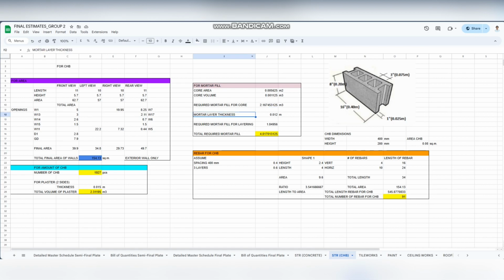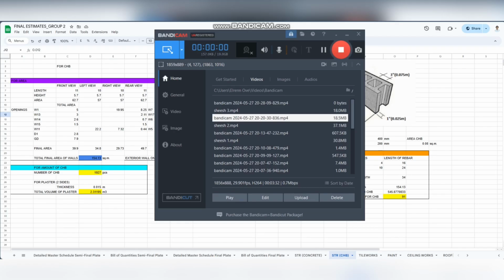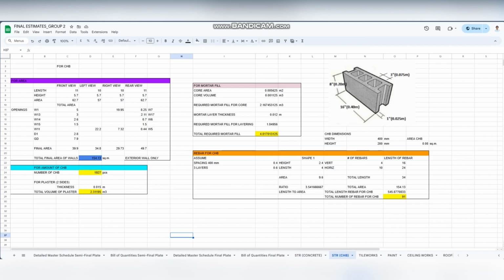Then for the mortar layer thickness, the mortar in between the layers of CHB, we get here. Then we add that together, we have the total required mortar fill.